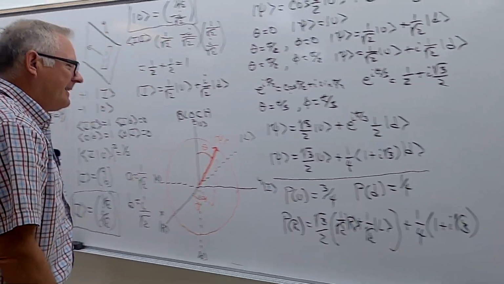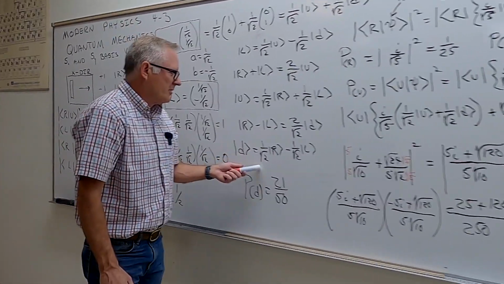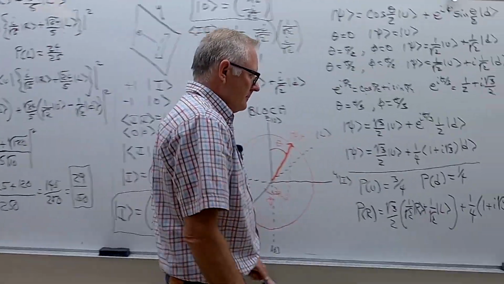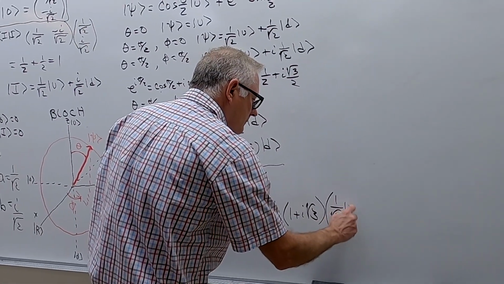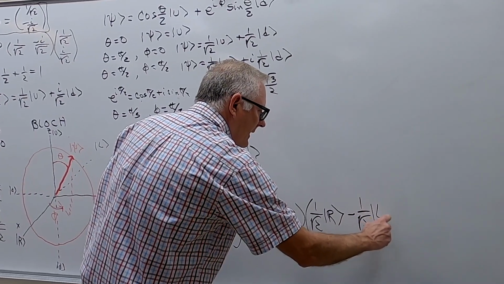Down, I've got to turn my downs into rights and lefts. Down is right here. It's 1 over the square root of 2 right minus 1 over the square root of 2 left.